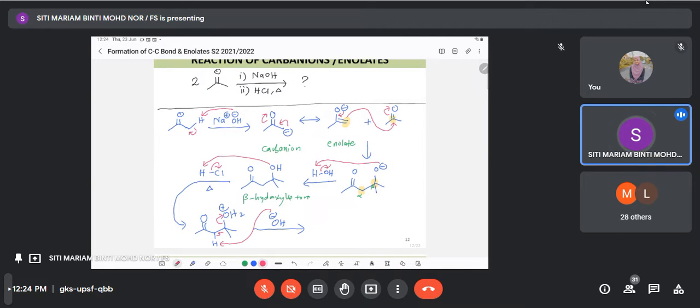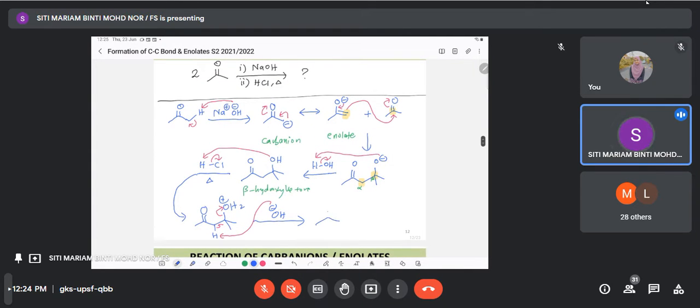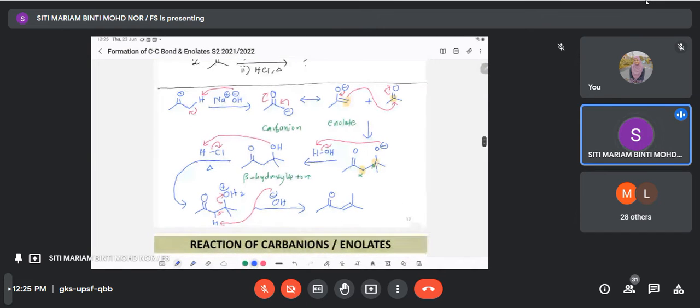Yeah, so what you get? You get C double bond O, and then you get this double bond, and you get a structure like that. If you follow the labels alpha, beta, alpha, beta, this one is alpha, beta. So your end product here from the condensation is an alpha, beta unsaturated ketone.